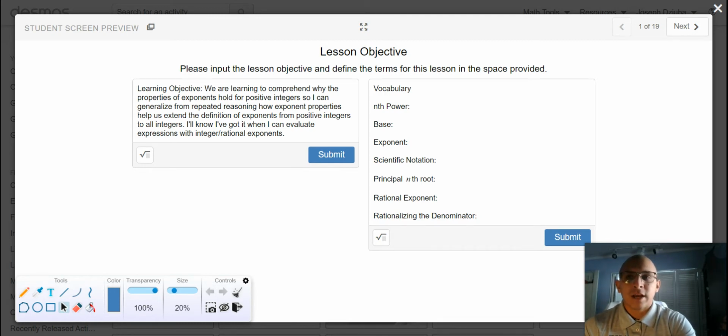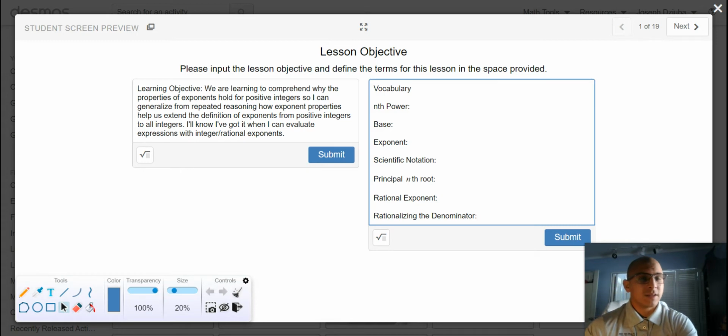Every pre-calculus activity will begin with this screen that you see here. We have our learning objective and a vocabulary for this particular lesson. The vocabulary you are tasked with defining. And yes, I am aware that you can simply Google these words and copy and paste the definitions, which is fine, if fine means merely going through the motions.